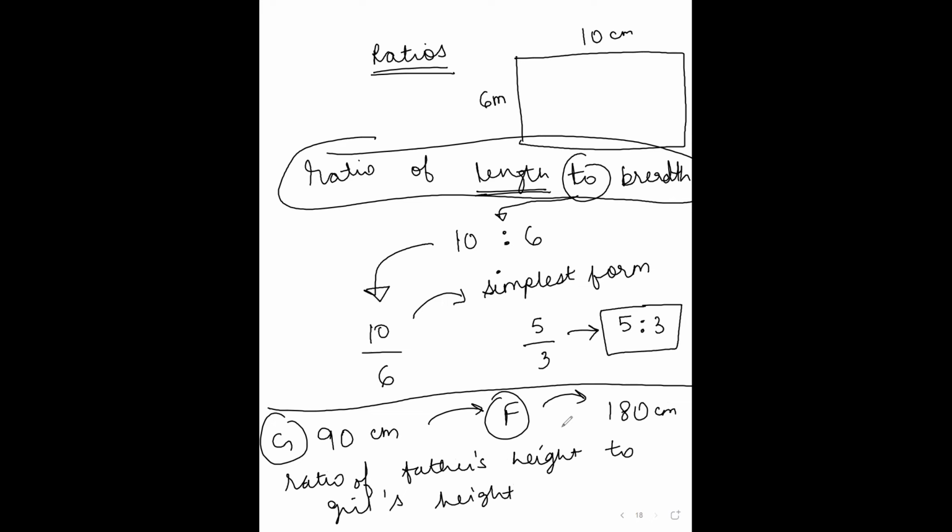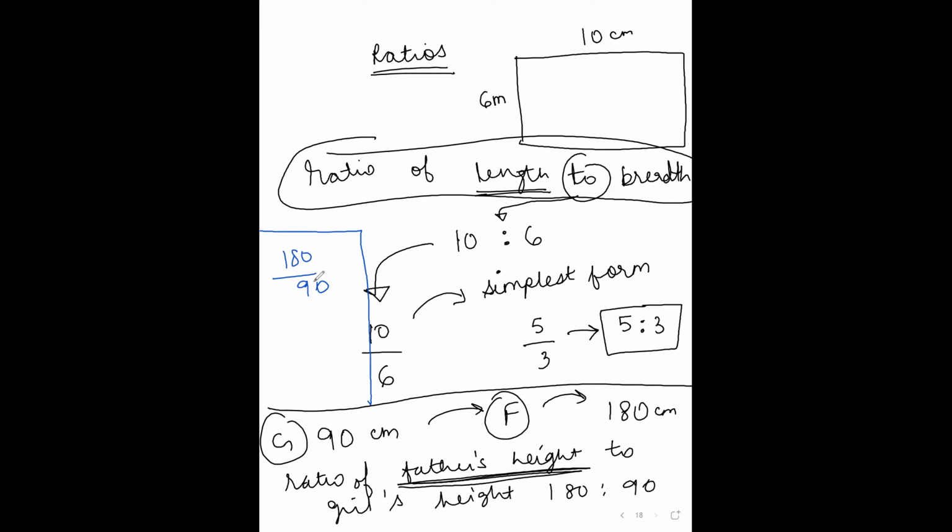The father's height is coming first. 180 is to 90. 180 is to 90 means 180 divided by 90. Your goal over here, when they ask you to write the ratio, is to come to the simplest fraction.